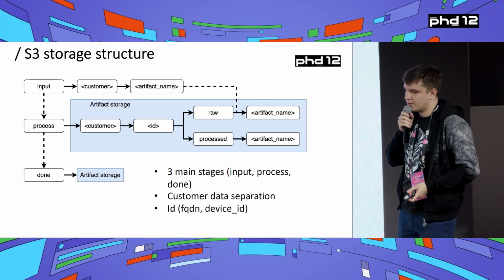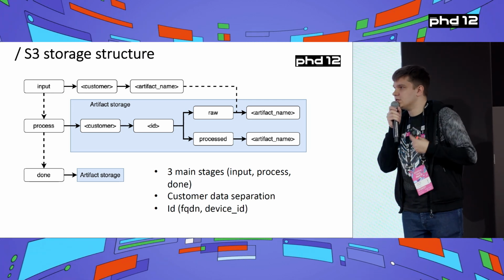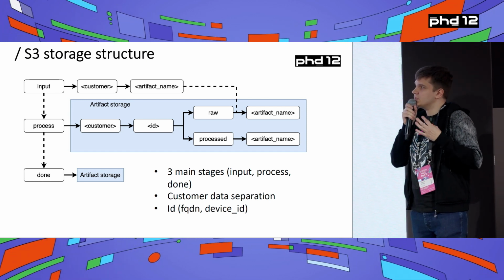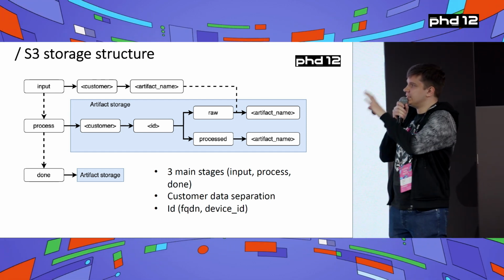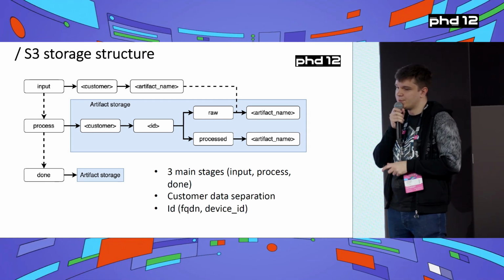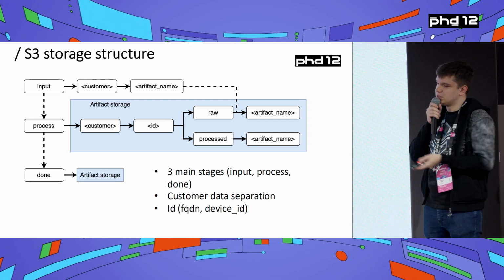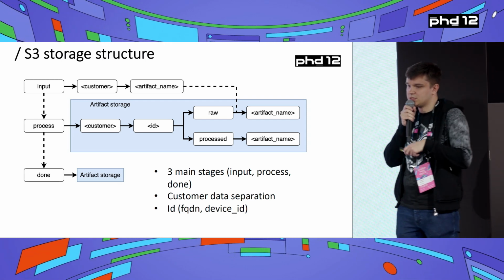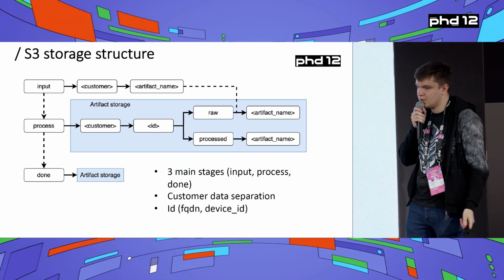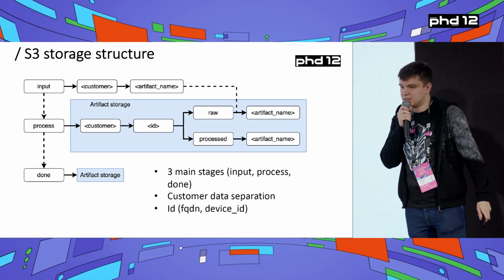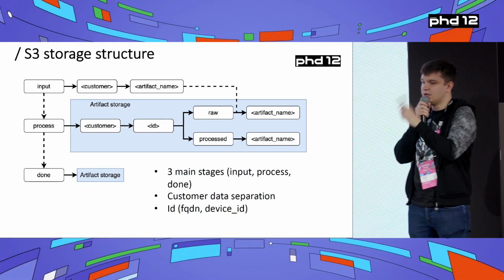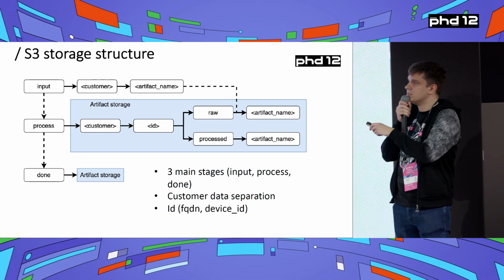A few words about the S3 storage structure. We are not using any database. We decided to try to use some identifiers of important parameters. So a route or a way to give an artifact. There are 3 stages here: loading the artifact, processing, and the final.